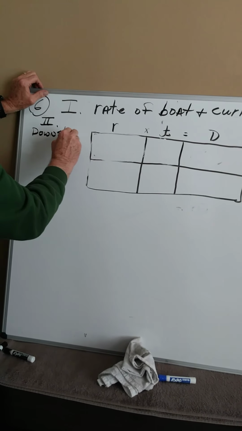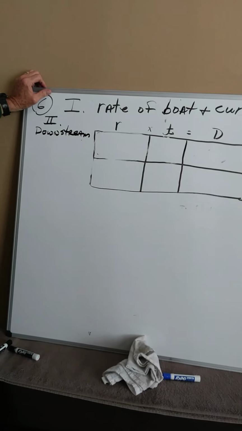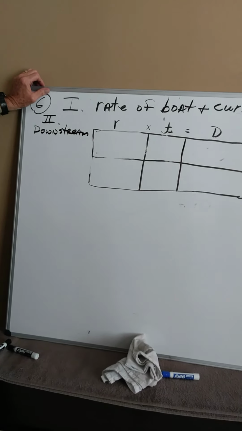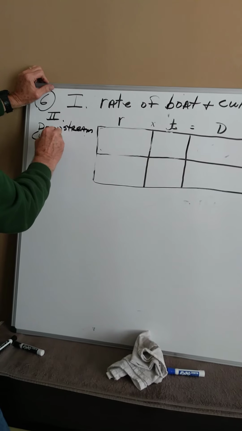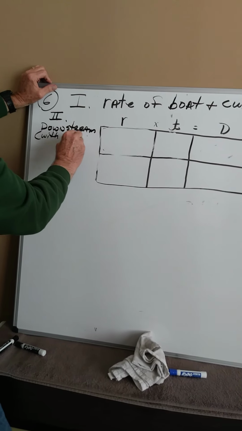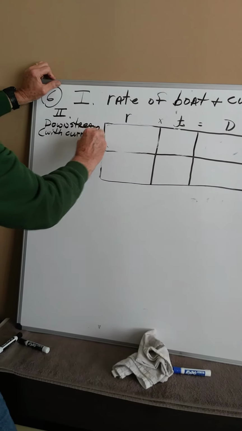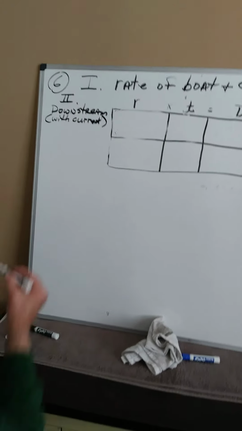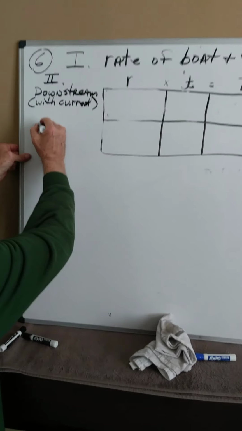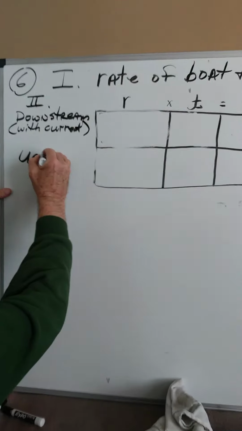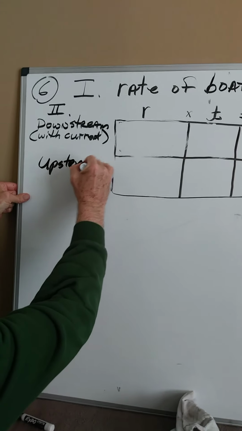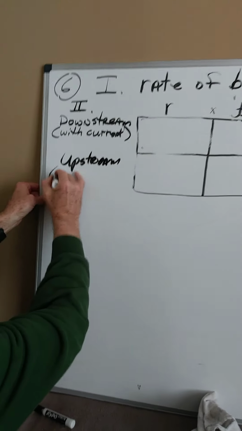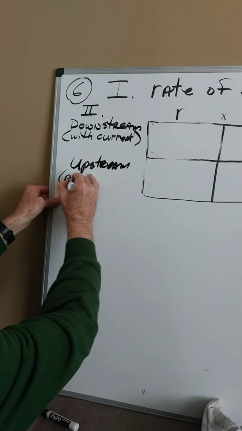Downstream. Now, just so that you know the synonym for downstream, I'll put this in parentheses. It didn't use these words, but it means it. Downstream is with the current. Other, upstream. It's going up. That's against current.